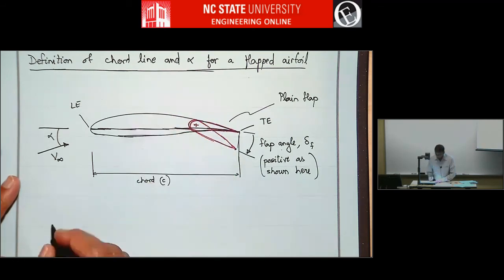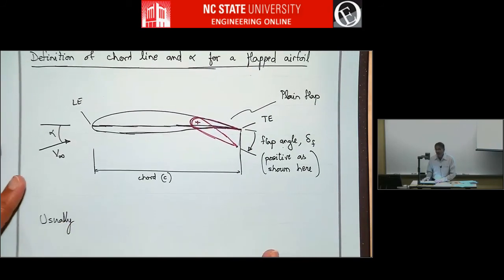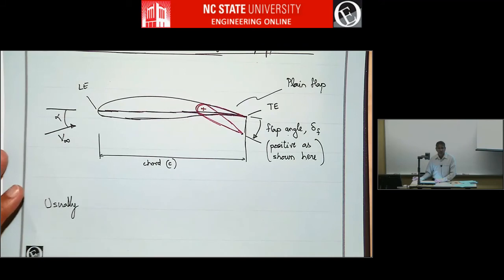So usually, and I'm saying usually because in some cases they may deviate from this rule. So one of the things you have to be careful about is figuring out what definition somebody has used. Some data book or something.